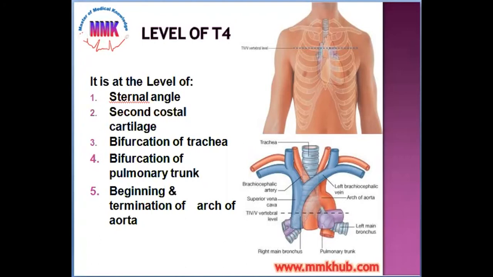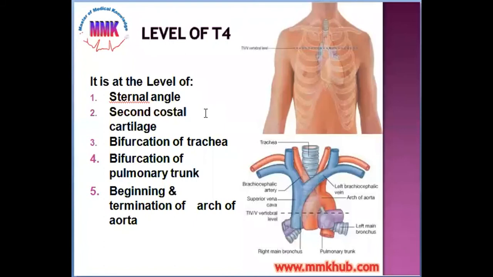This landmark also signifies the bifurcation of the trachea. It is also the area where the pulmonary trunk divides into two branches, and it is also the beginning and the termination of the arch of the aorta. So this is the significance of the T4 level or the sternal angle level.